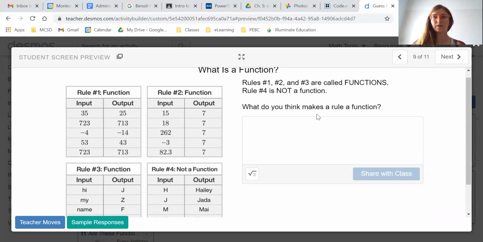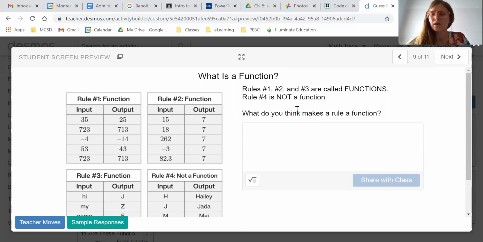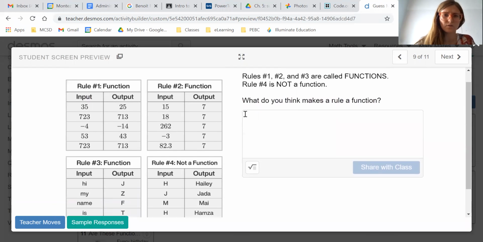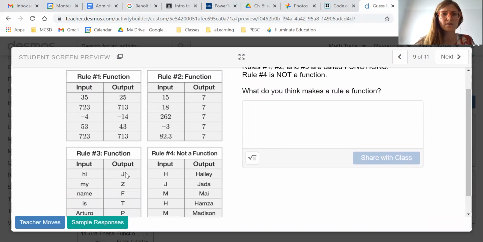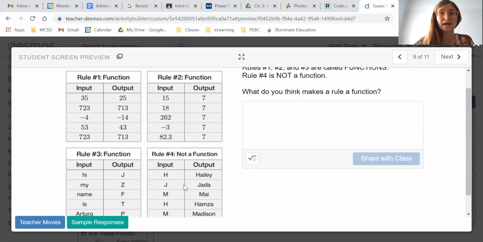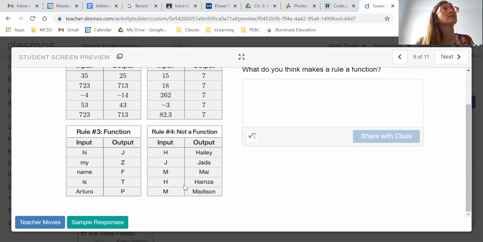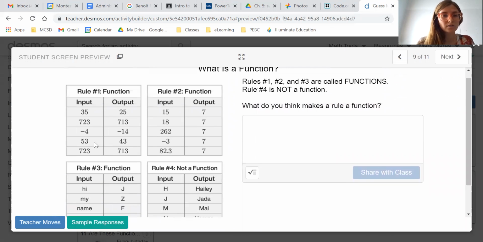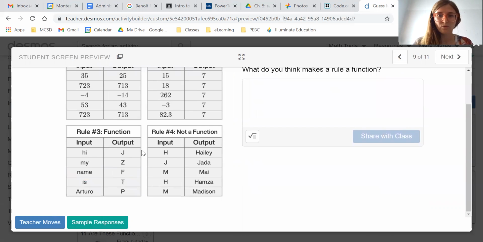Okay, now we're going to be talking about more of the definition of a function. So it says that rules 1, 2, and 3 are called functions, but rule number 4 is not a function. Rule number 1, rule number 2, rule number 3 were the ones that we were looking at, and rule number 4 is not.